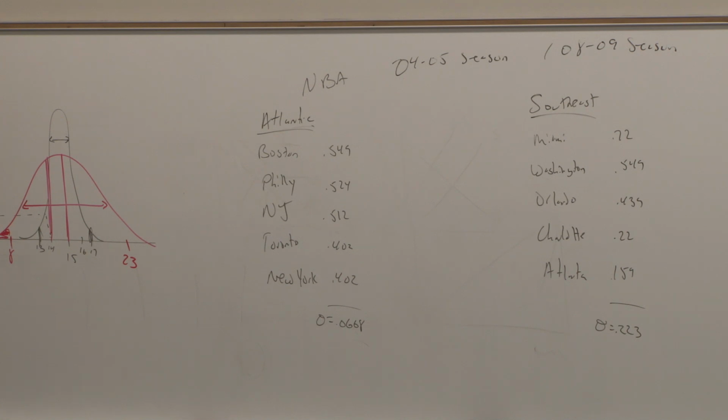The standard deviation of winning percent for the Southeast Division that year is 0.223. For the Atlantic Division, 0.068. Right? Four times as much dispersion as you have here.